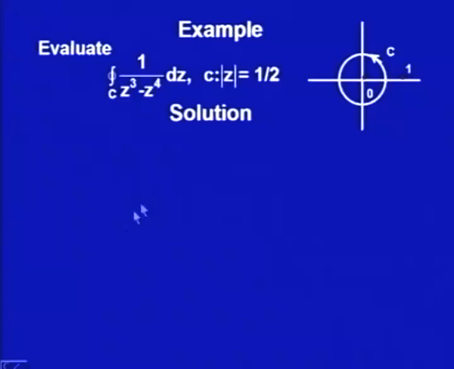Now let us see this function: 1 upon z cube into 1 minus z. We find that z equal to 1 and z equal to 0 are both singular points, and both are isolated singularities.